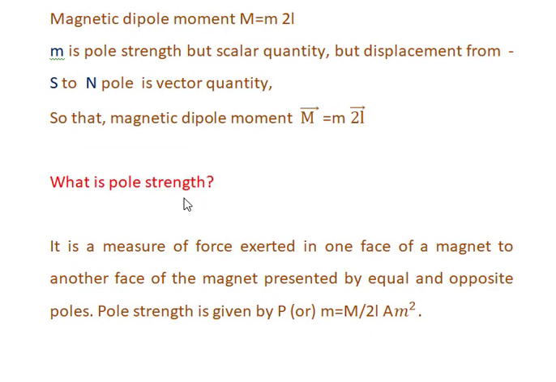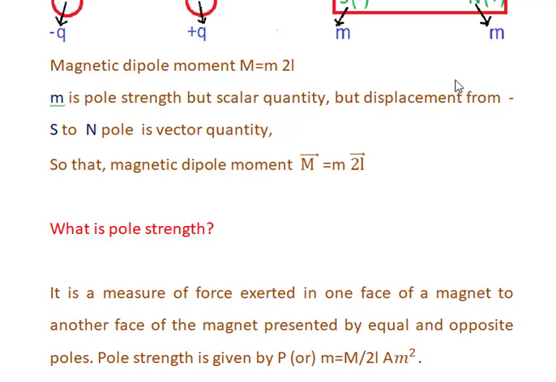What is pole strength? Pole strength is a measure of the force exerted from one face of the magnet to another face of the magnet, presented by equal and opposite poles.